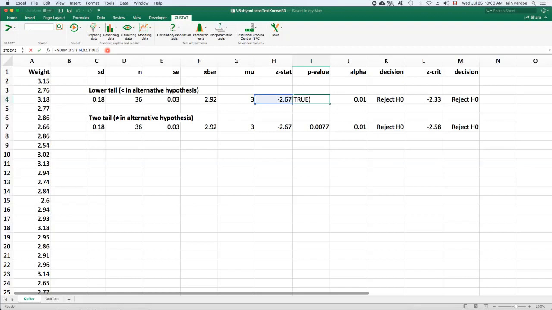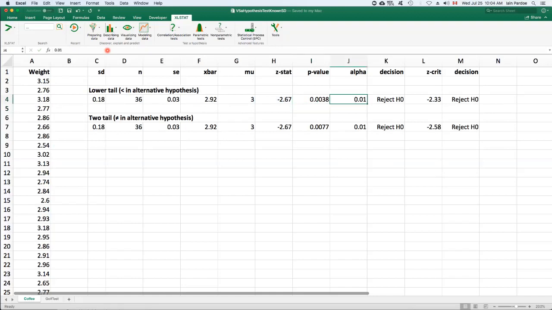Standard deviation is 1. And then TRUE means that we're looking at the cumulative distribution. And so that tells us that the left-hand tail area to the left of minus 2.67 comes to 0.0038. And that's our p-value for a lower tail test.